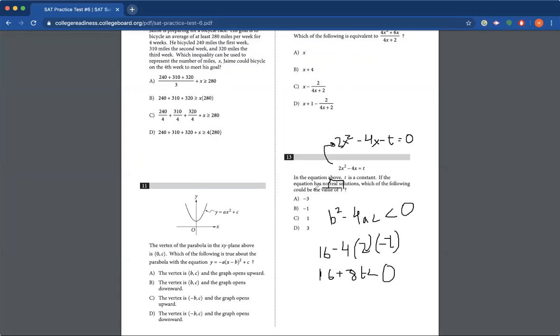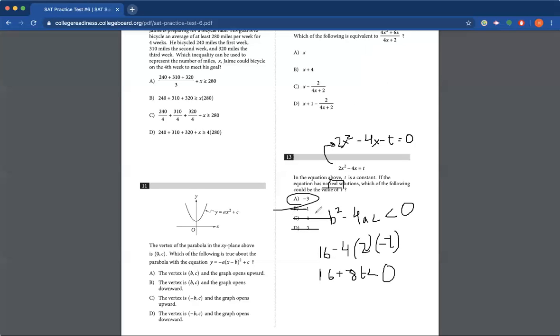We know it can't be a positive number. If I plug in a positive number, it's obviously going to be positive, so these two are out. If I plug in -1, I get 16 minus 8, which is 8. 8 is still a positive number. Plug in -3, I get 16 minus 24, which is -8. And that gives me a negative number.